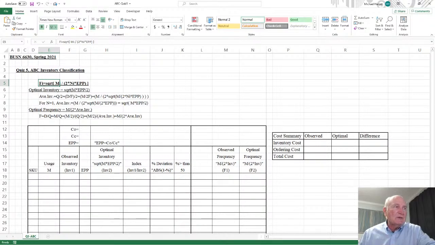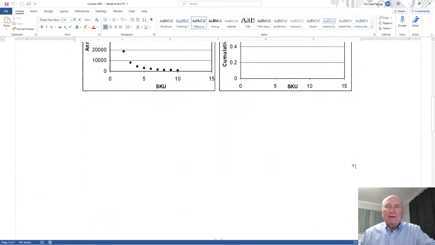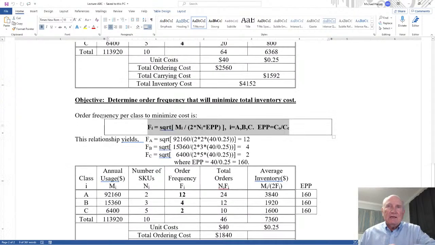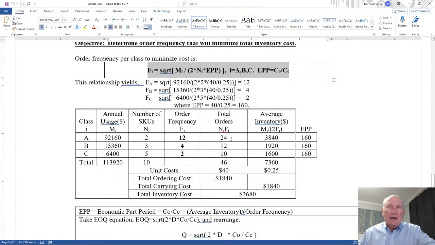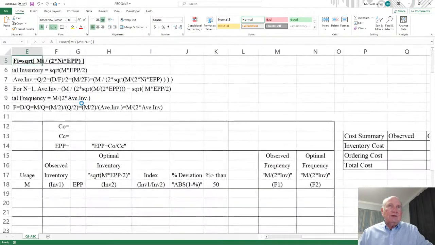If we go back to the lecture notes in ABC classification, when we did the optimal frequency, this is the equation I'm looking at. I'm pulling this equation from the notes and basing our optimal inventory policy on this optimal frequency. That's what this number is here. So let's look at this derivation a little bit.